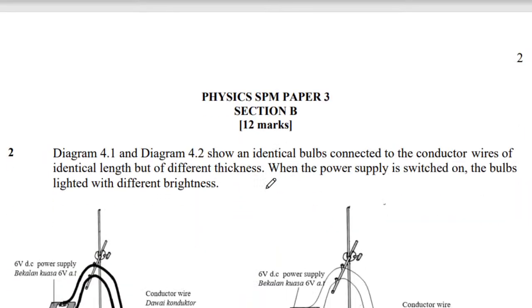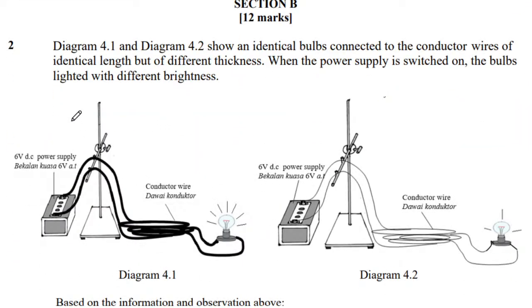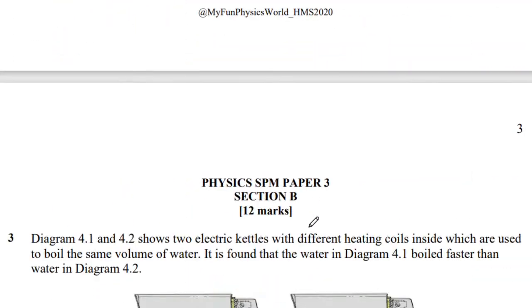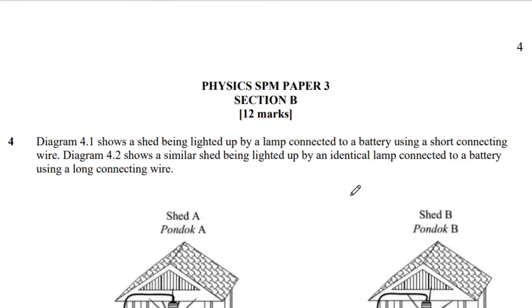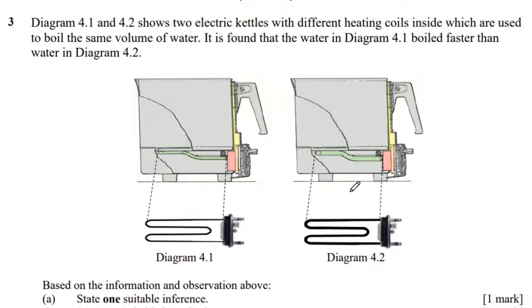I think we look at the famous one first: diameter and resistance. These are the problem diagrams. This is also a problem diagram, but with the same marking scheme, which is diameter and resistance. So we look at diameter and resistance first.